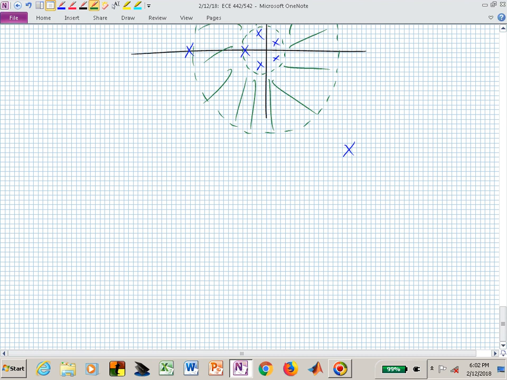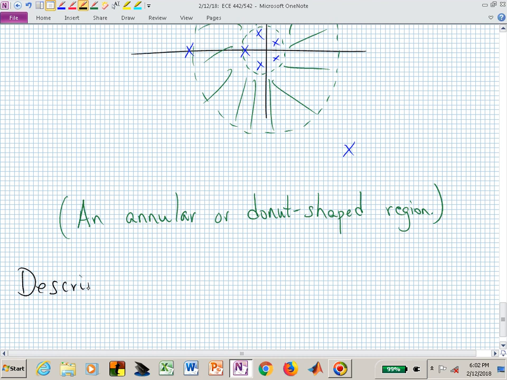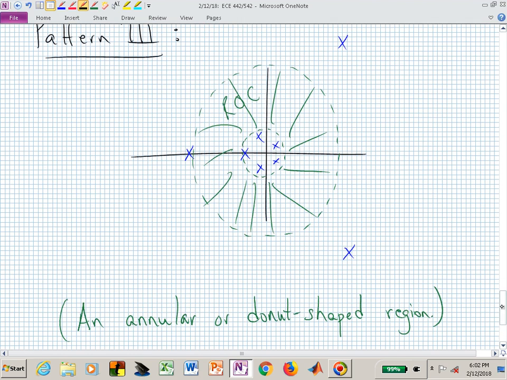This pattern, pattern 3, is an annular or donut-shaped region. Whether you can believe it or not, none of these poles are on top of the region of convergence.